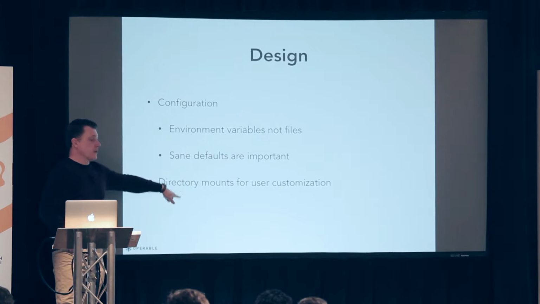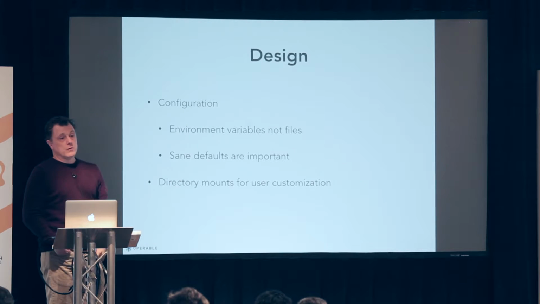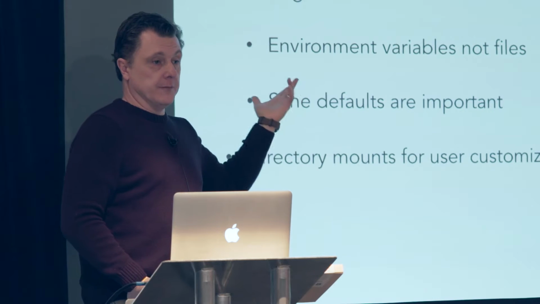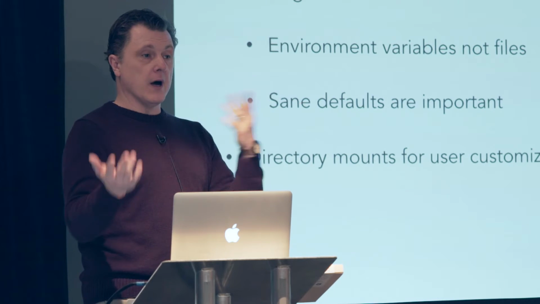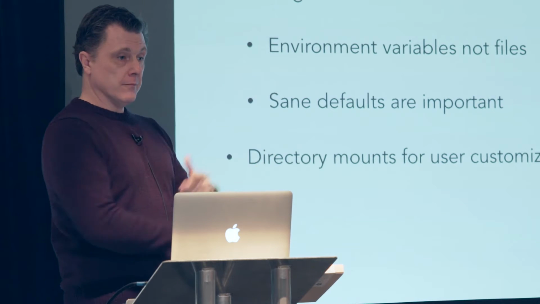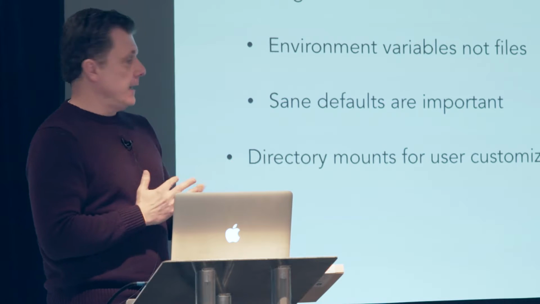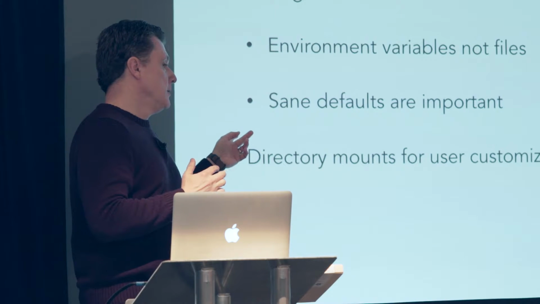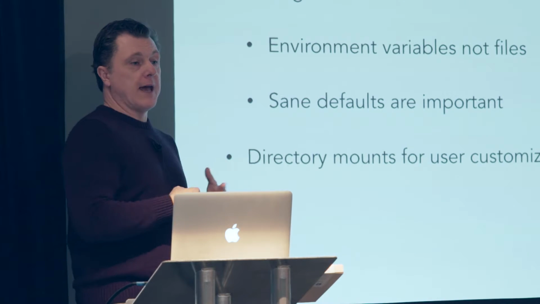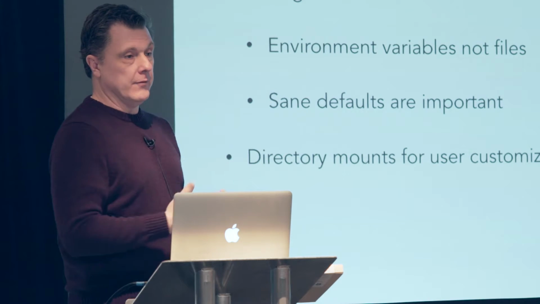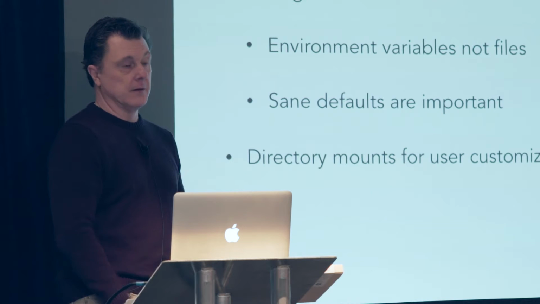Directory mounts for user customization. So as an example with our product, we write audit logs that keep track of what every user does whenever they're interacting with our product. And that's state that you would not want to have go away if you have to restart the Docker container, which is what would happen if you wrote the files inside the container.